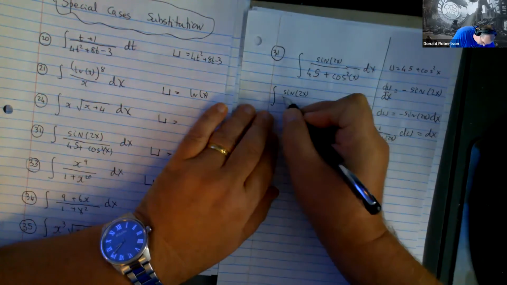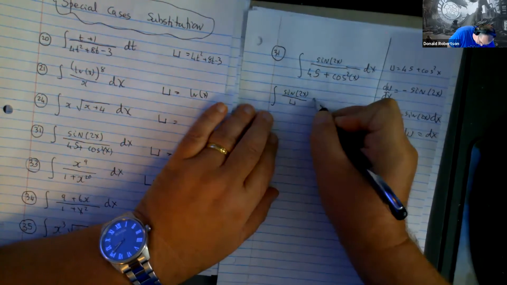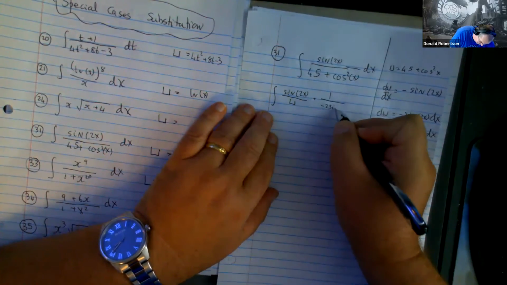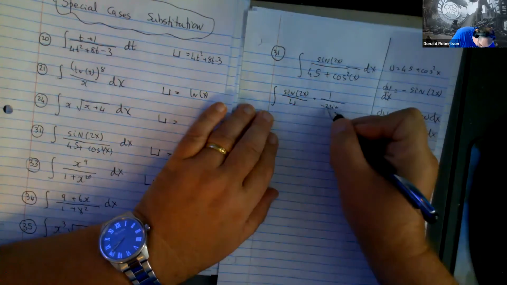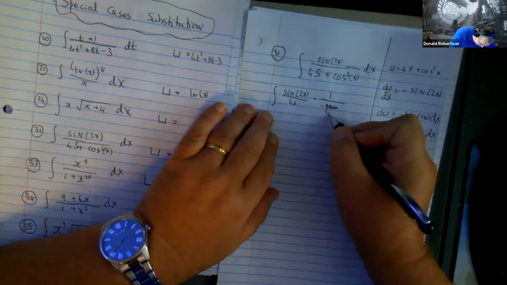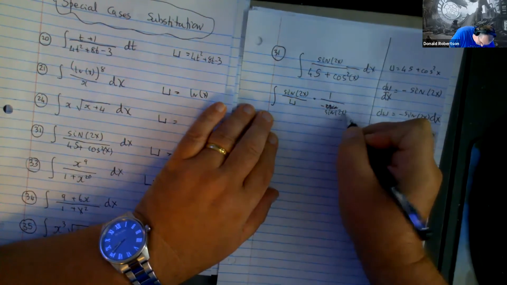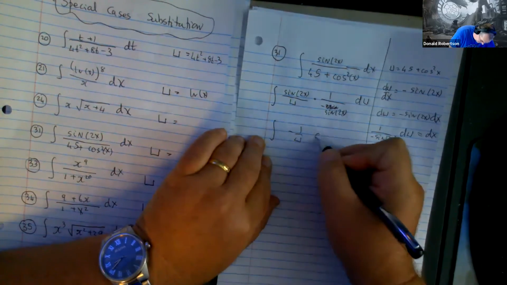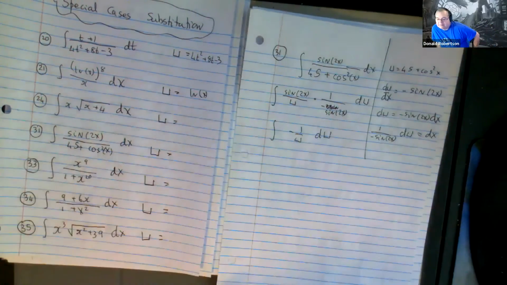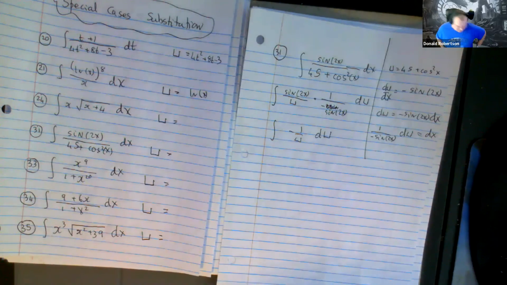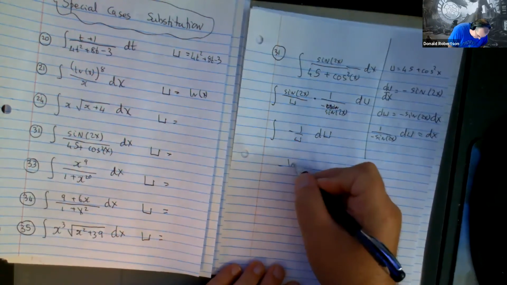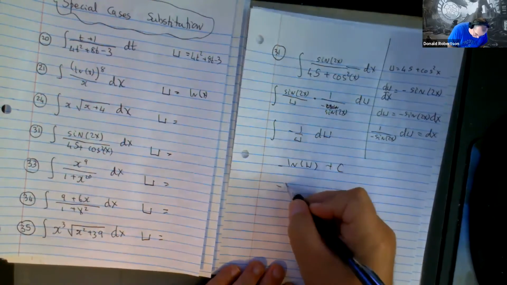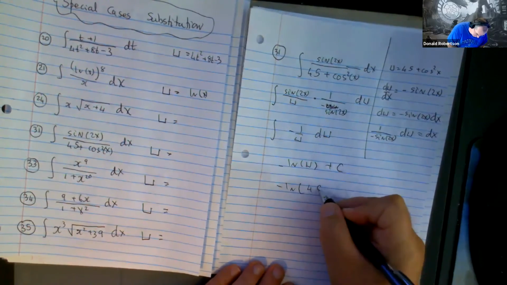Sine of 2x over u times 1 over negative sine of 2x du, and you end up with that guy. And that guy integrates to there, and then you switch back to the x's.